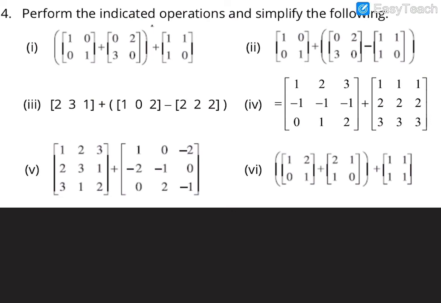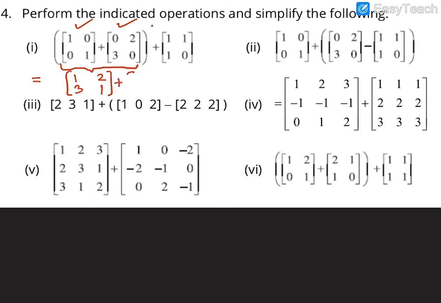Now question number 4. Perform the indicated operations and simplify the following. In part 1, 2 matrices. First we will solve these 2 matrices because these are under the parenthesis. Then we will add the next one. So what will happen? 1 plus 0 will be 1, 0 plus 2 will be 2, 0 plus 3 will be 3, 1 plus 0 will be 1.